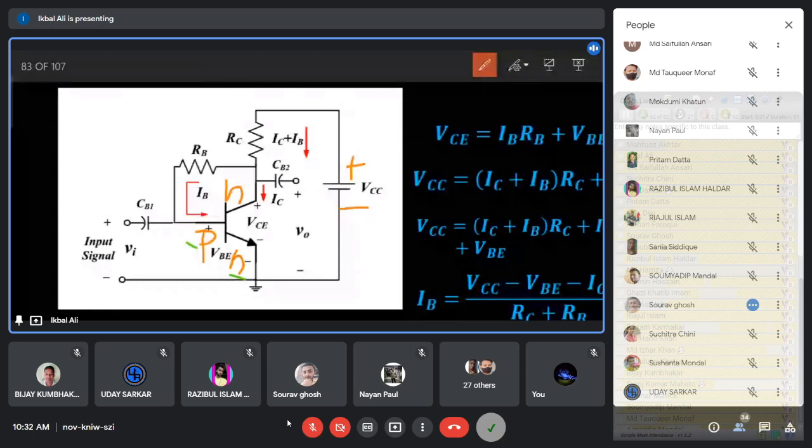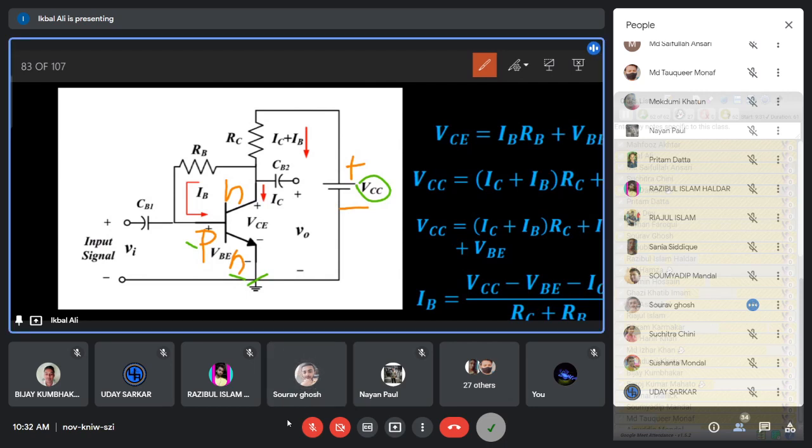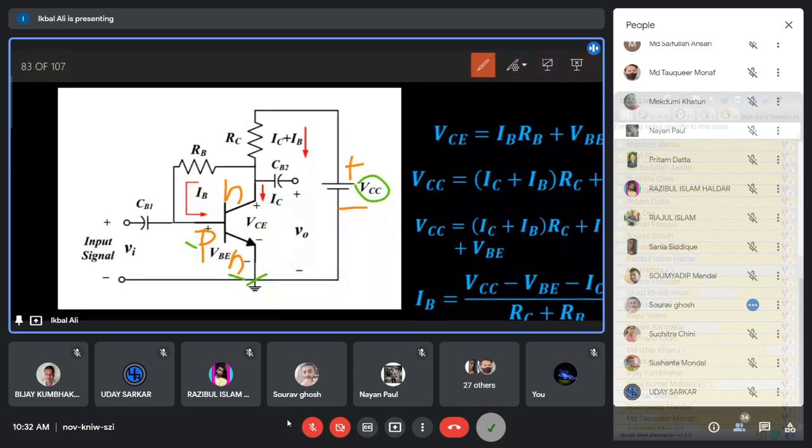The N should be connected to the plus terminal, and P should be connected to the more positive potential. But in this case, if you see the polarity of the VCC, the minus is connected to the N emitter.